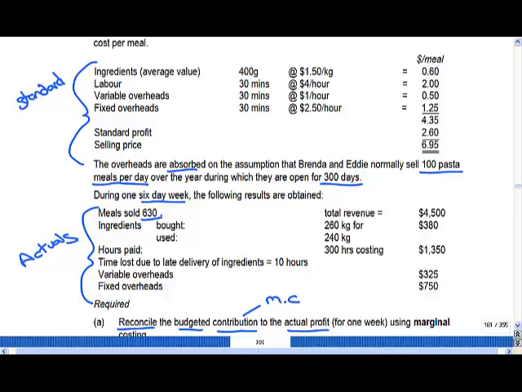Got the revenue. Ingredients, notice here we've got a difference between bought and used. Hours paid. We then got 10 hours lost due to late delivery of ingredients. And then our variable and fixed overheads. Okay, so let's have a look at doing part A first of all.